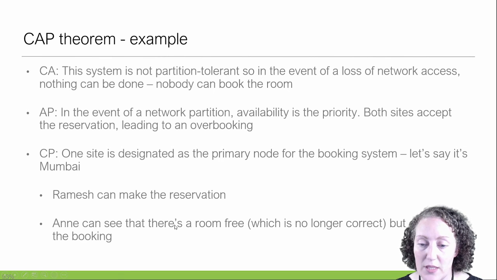Anne would still be seeing the information that there's a room free, even though, in the meantime, Ramesh has booked, so it's not actually accurate information anymore. But because the London node isn't able to write to the system, she wouldn't be able to make the booking. So there still can be issues with out-of-date information appearing to people at other sites, but at least we don't have the same issues with consistency. Okay. So hopefully that example explains what would happen in those different scenarios.